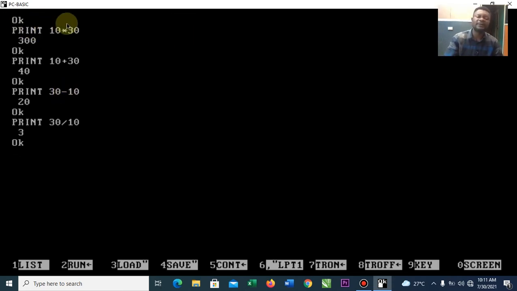As you can see, this is the multiplication, this is the addition, this is the subtraction, and this is division. With this you have performed the four major calculation features. We have multiplication, addition, subtraction, and division.